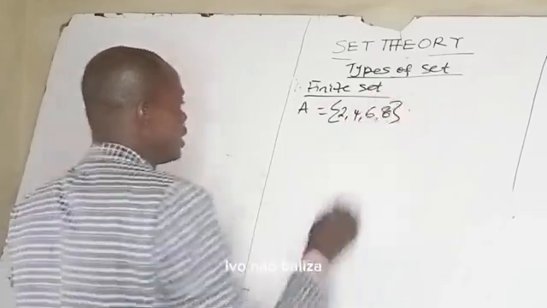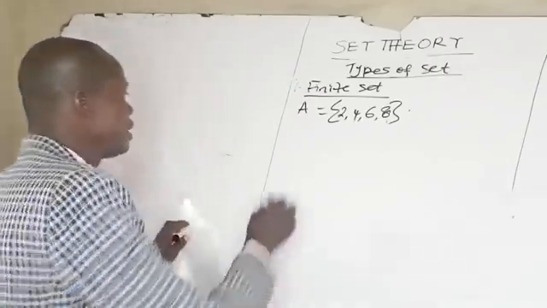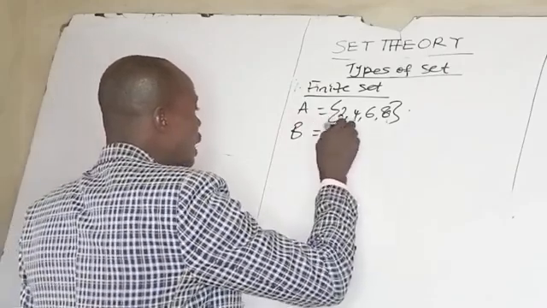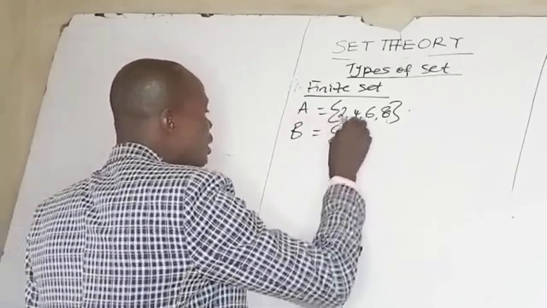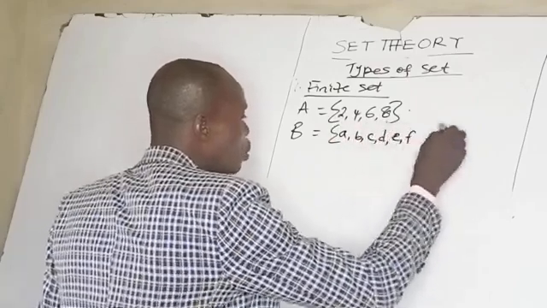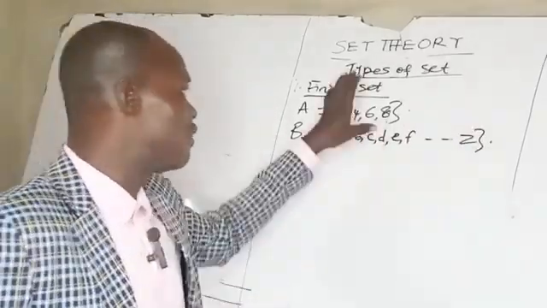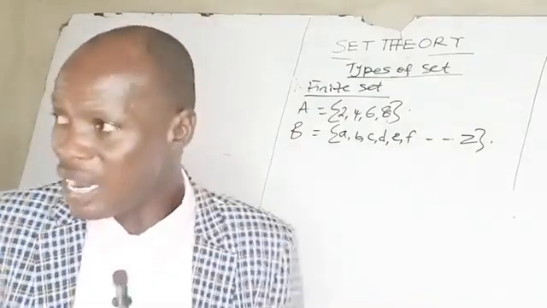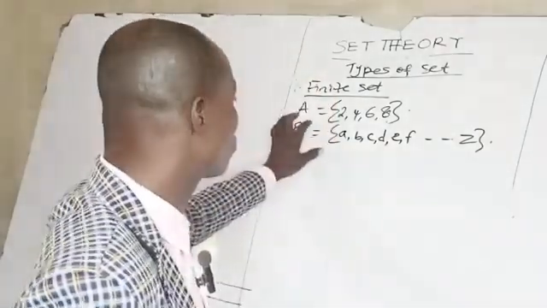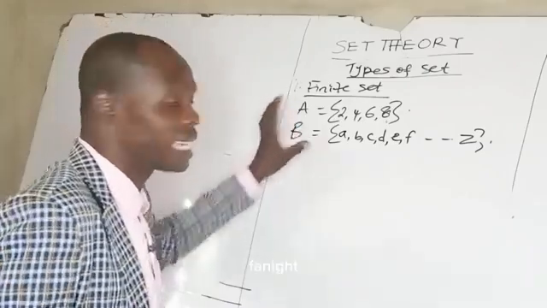Then if set B is a set of English alphabet from A to Z, you may have A, B, C, D, E, F to Z. That is a finite set where its elements can be counted. We have 26 alphabets in English. So that is a finite set.